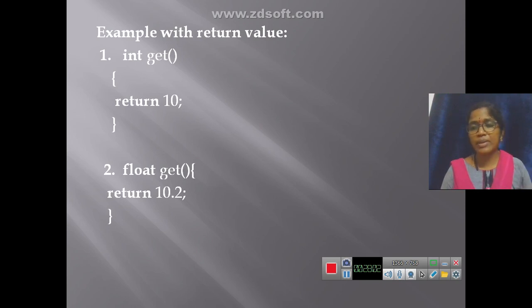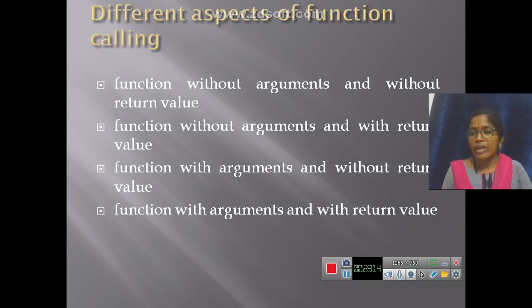The other example, float get, means this function is of type float. So what does it have to return? A float value. Hope you have understood the basic things of functions. So we will move further to the other things which will help you understand the different aspects of functions.